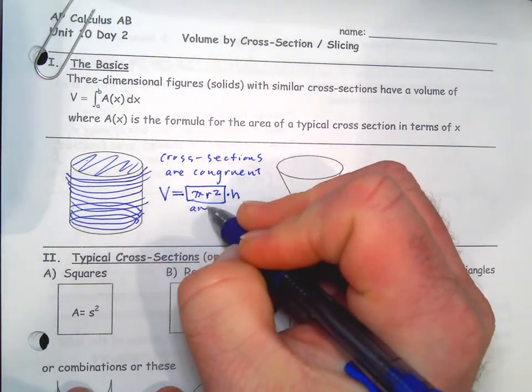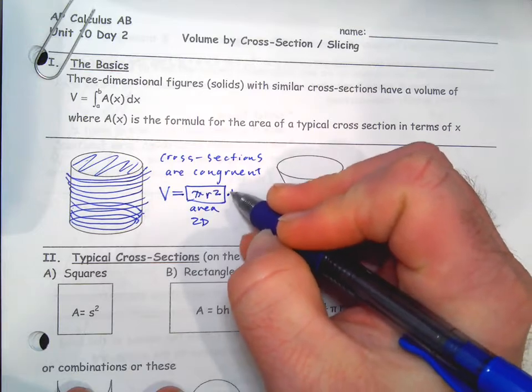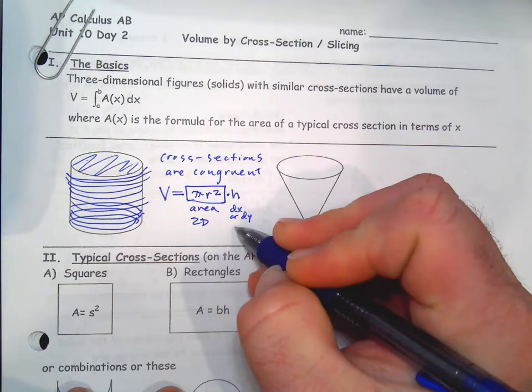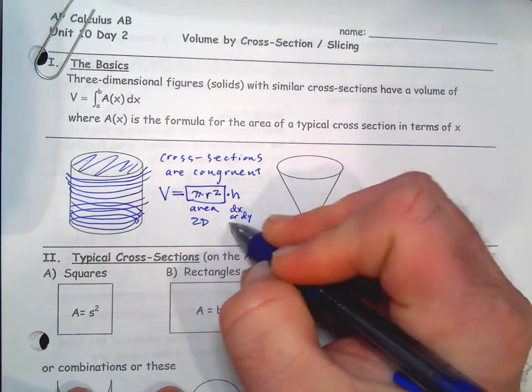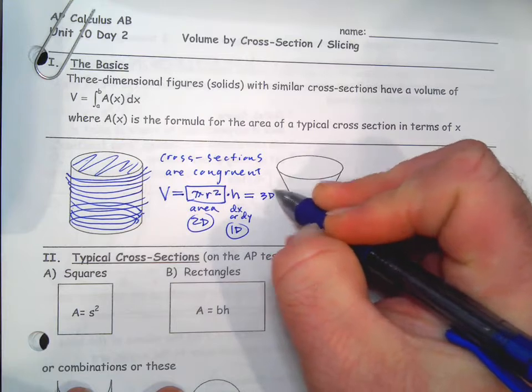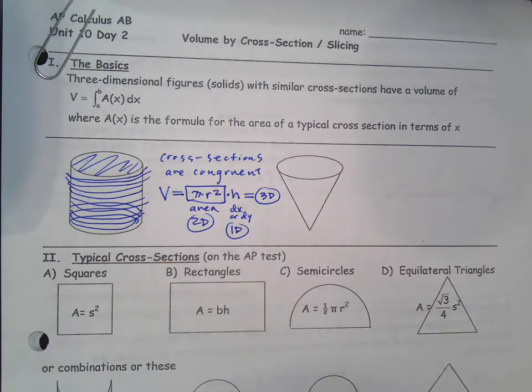And so this is area. This is two-dimensional. This is going to be like dx or dy, the thickness of the slice, and that's one-dimensional. So if you multiply 2 dimensions by 1 dimension, you will get 3 dimensions. So that kind of makes sense. It will give you volume.